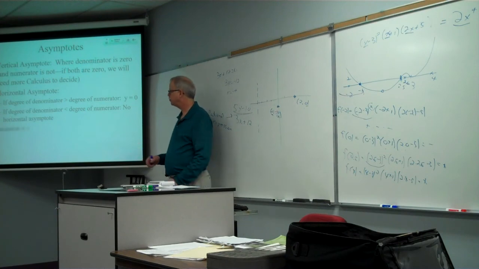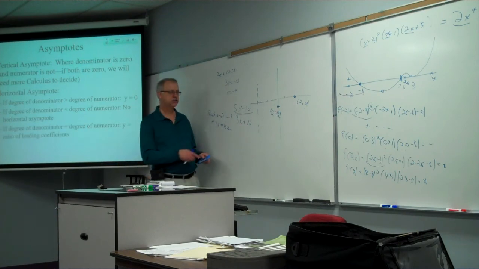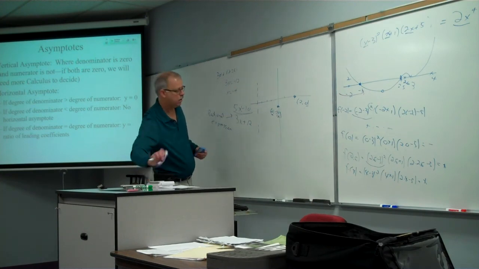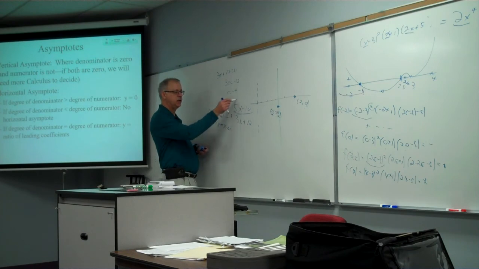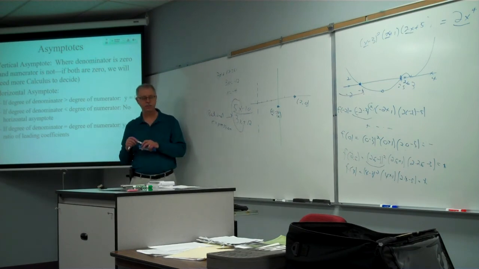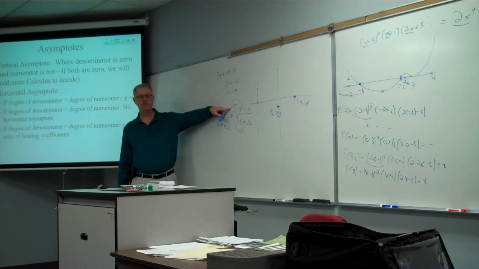The case we're most interested in is when the degree of the numerator and degree of the denominator are the same, which is what happens here. When the degrees are the same, we essentially just have to look at the dominant term in the numerator and denominator. As x is really big, 5 times x minus 10 is not going to be all that much different than 5 times x. 3x plus 12 is not that much different than 3x.